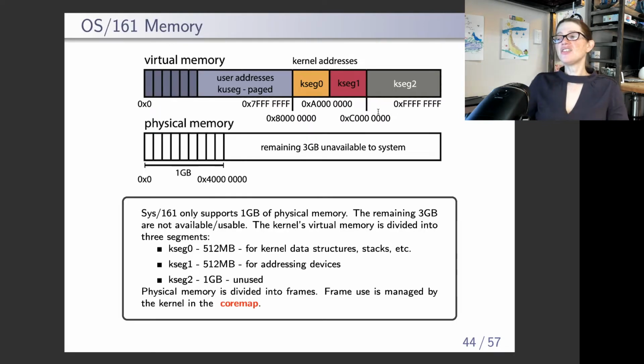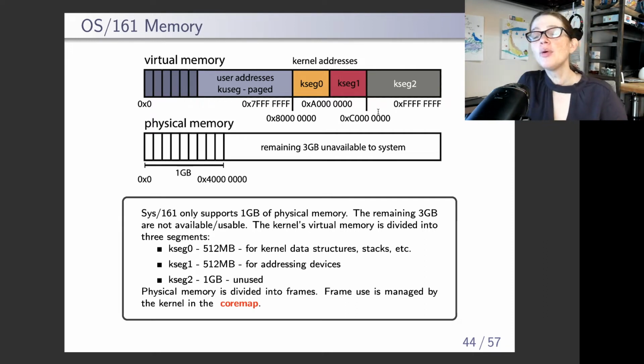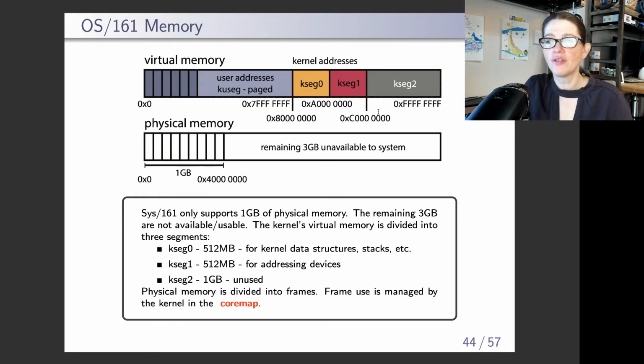Now, there's something else that we introduce at the bottom of this slide, but we don't really talk about anywhere in the virtual memory slides. But we will talk a lot more about it when we talk about how to do A3, and that is the concept of a core map. So how do you keep track of all of this physical memory that we actually have? Because if I want to do some kind of allocation for these pages, I need to keep track of which frames of physical memory are actually available.